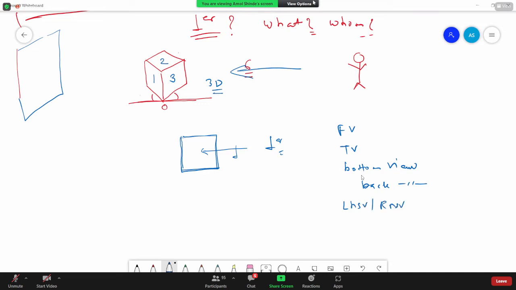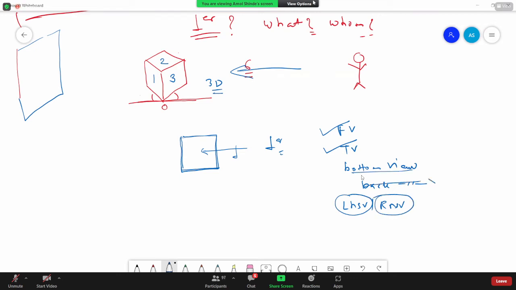So there are total 6 views possible. But to explain, to reveal, to understand any object, we require minimum 3 views. Generally, we call them front view, top view, and any one view of LHSV or RHSV.